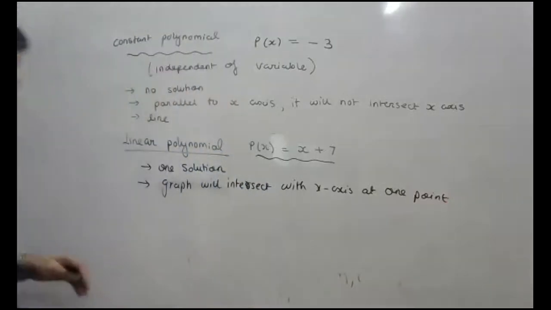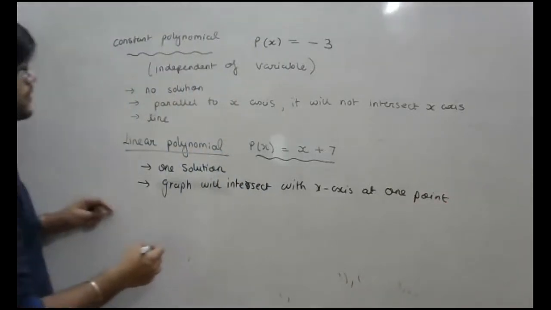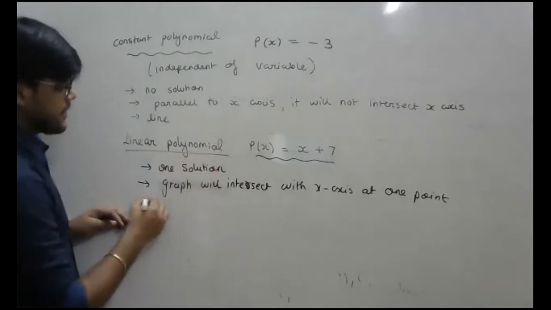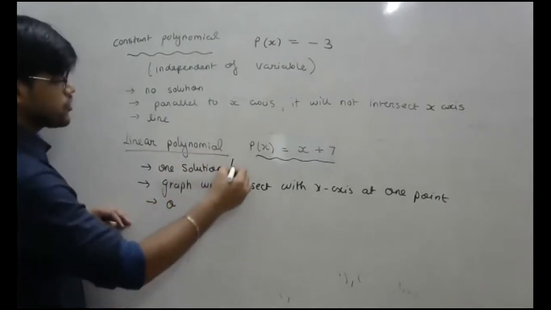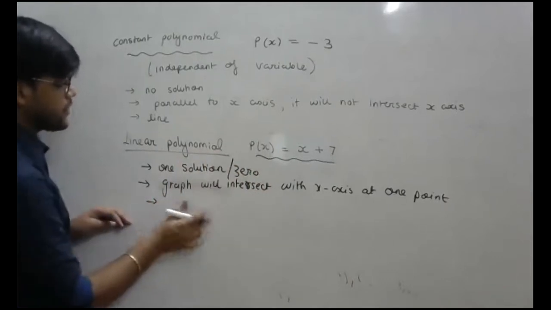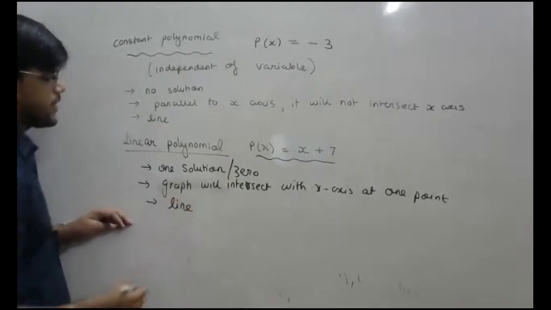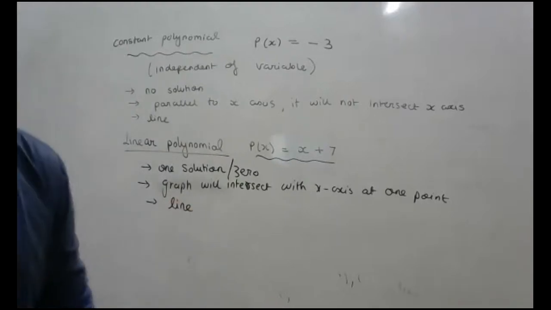It will only intersect at one point. ठीक है? मतलब इसका मतलब क्या है? It is having one solution or one zero, and the figure will also look like a line.